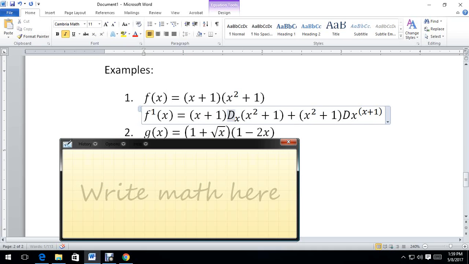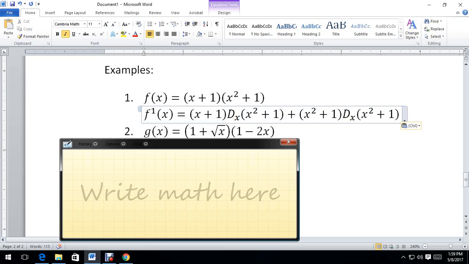Now take note of the notation. The subscript x refers to the derivative of the function that appears after. Let me adjust a few of the terms.